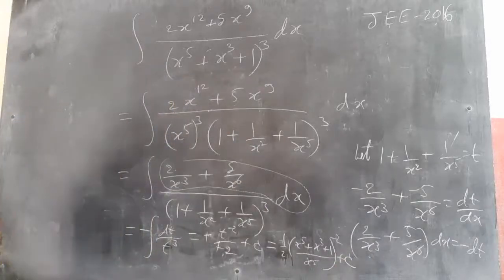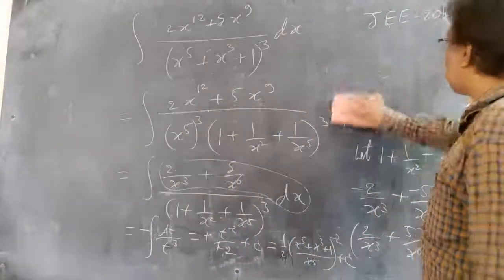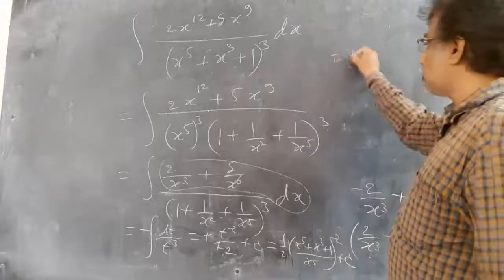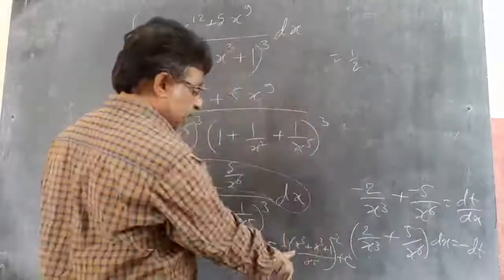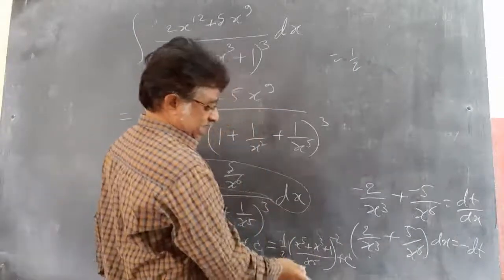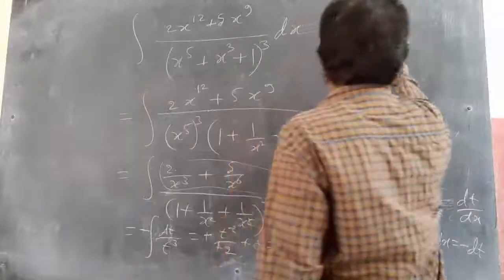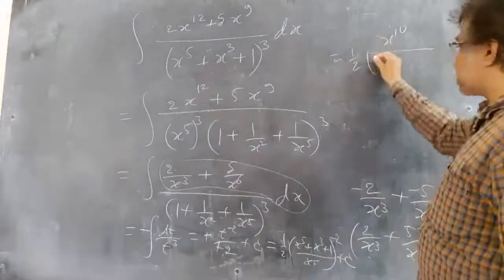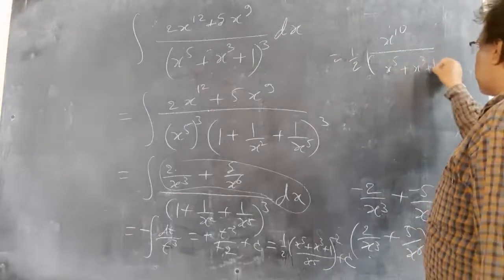But the options may give x^10 in the numerator, so if you reverse it, what happens? Half into, and the minus and minus cancel. If you reverse this, x^5 goes to the numerator and the minus 2 becomes plus 2, which means x^10 by 2 into (x^5 plus x cube plus 1) whole square.